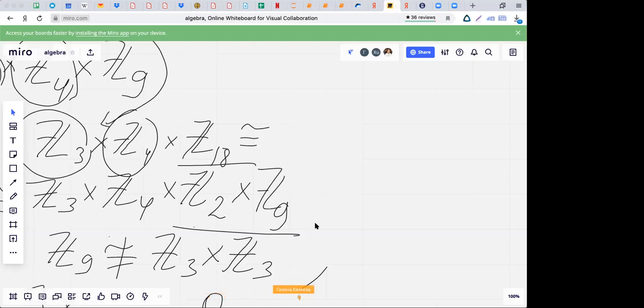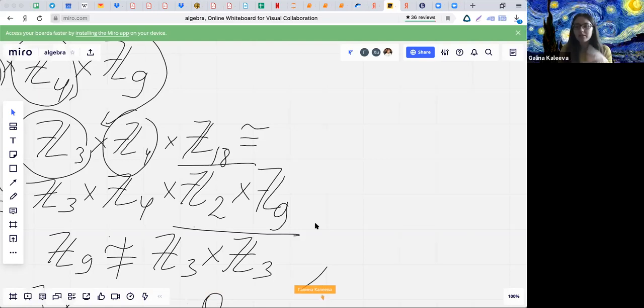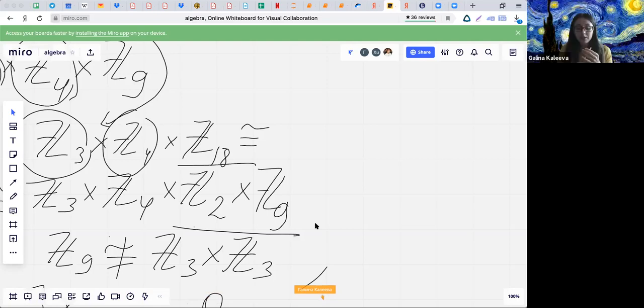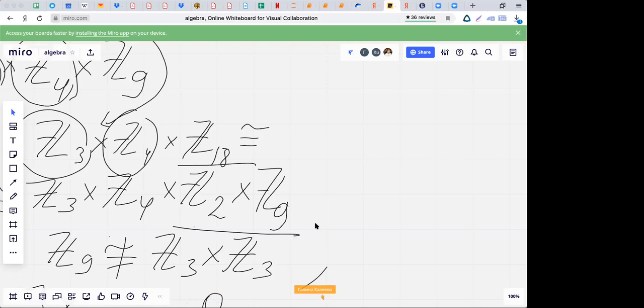It's true according to the Chinese remainder theorem and the claim 53. If we consider cyclic groups of order n and m, and the orders are coprime, it's always true.